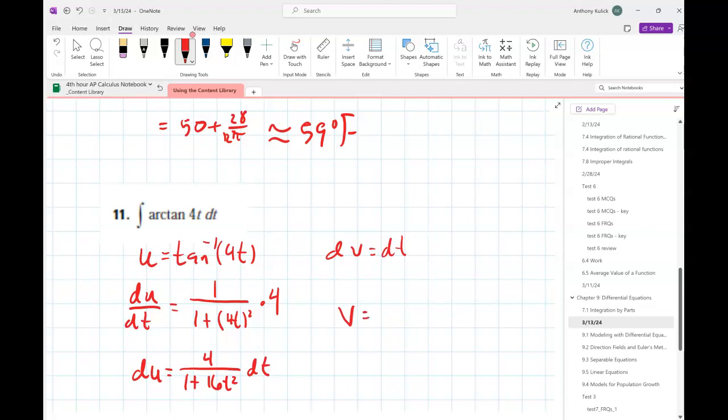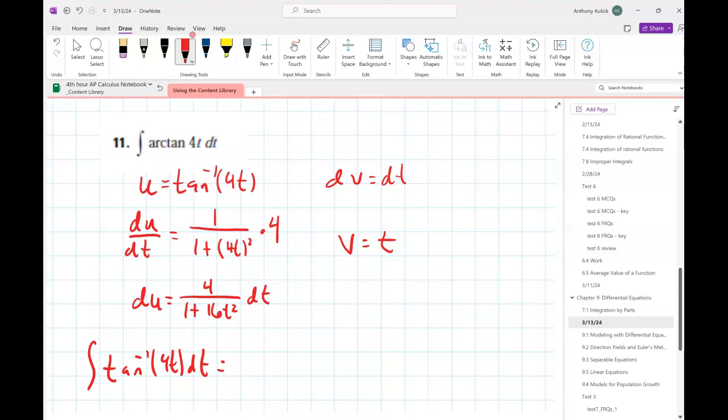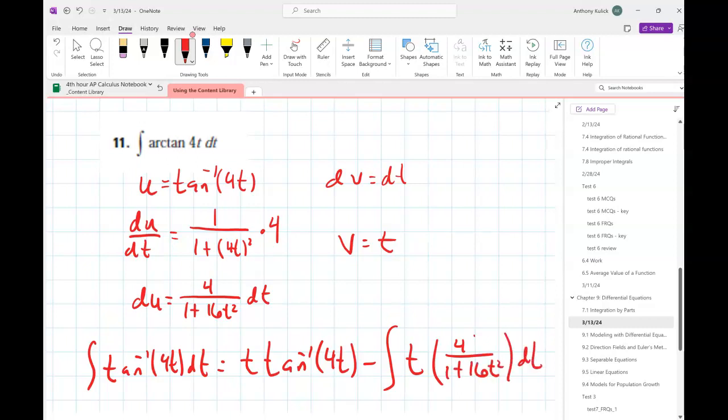And then v is just going to equal t. So my integral of tan inverse 4t dt is going to equal u times v minus the integral of v du. Yep, t times tan inverse 4t.